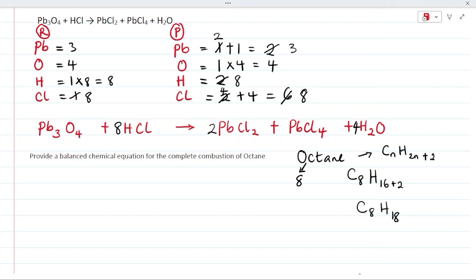So we have our first part, C8H18. What is it reacting with? They said complete combustion. You must also note, once you hear the word combustion, it means that it is reacting with oxygen. It is just that simple.